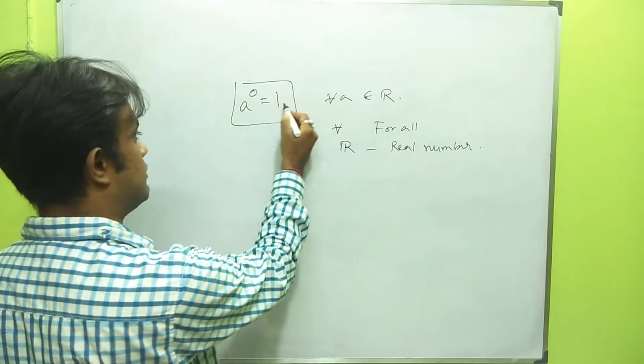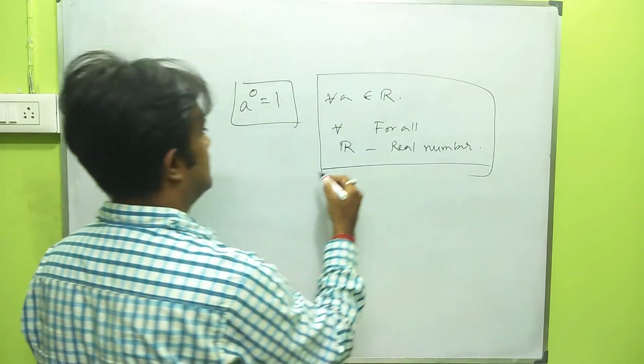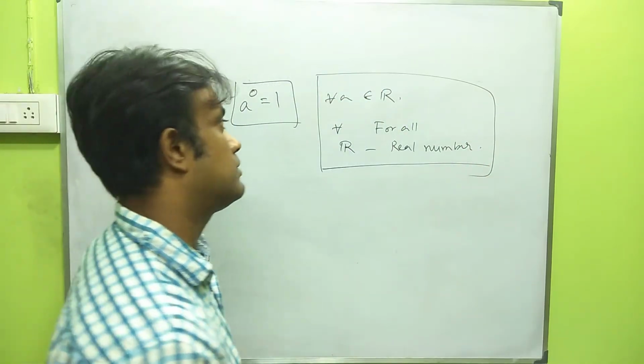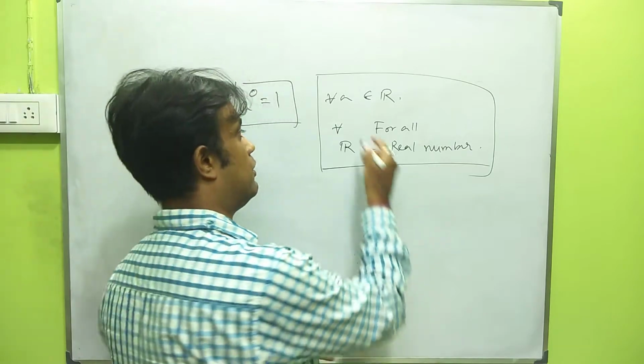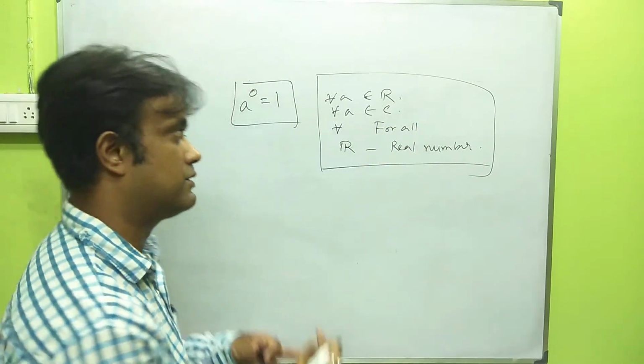So a to the power 0 is equal to 1 for all a belongs to real numbers, and for all a belongs to complex numbers, any complex number to the power 0 will be 1.